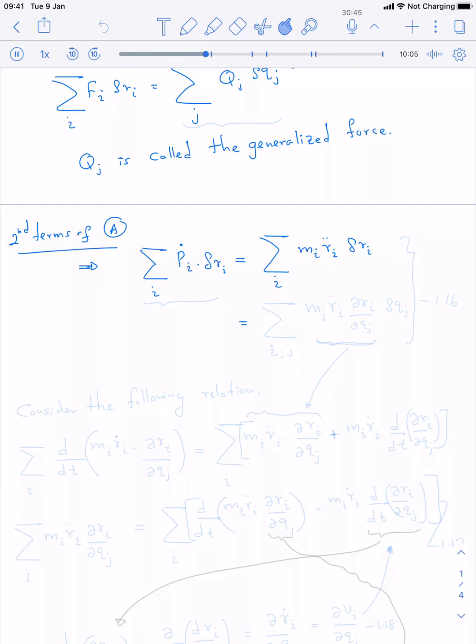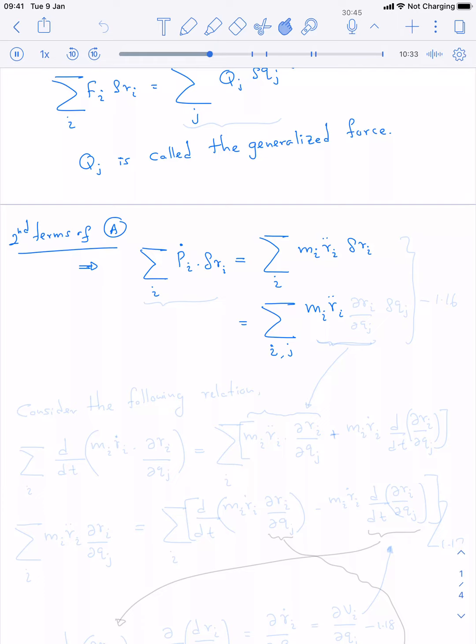Now for the delta Ri again, I can replace it from equation 1.30. So the delta Ri in 1.12 can be converted to generalized coordinates, which will give me the sum over i and j of Mi Ri double dot.